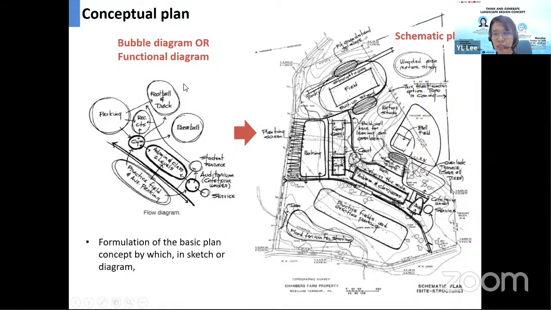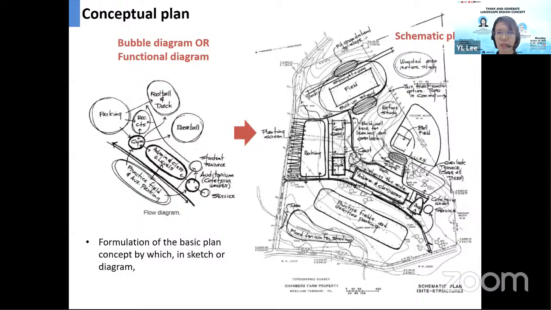I think you have the same thing, right, Dr. Rudy? Yeah, we have several names. Some people call it a bubble diagram, but you can call it by the basic name, a functional diagram.